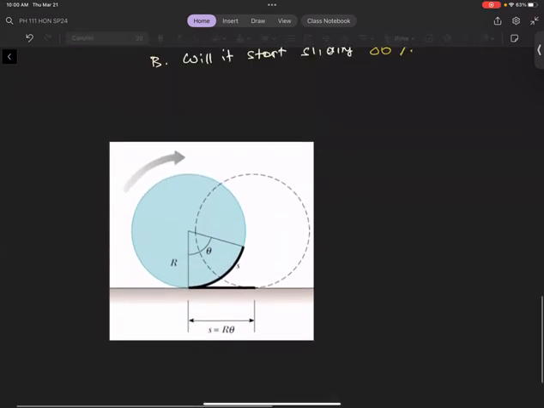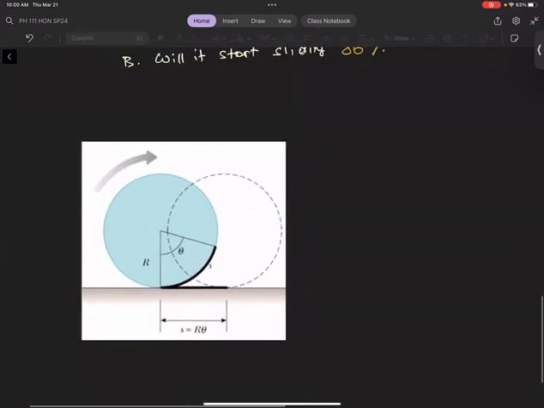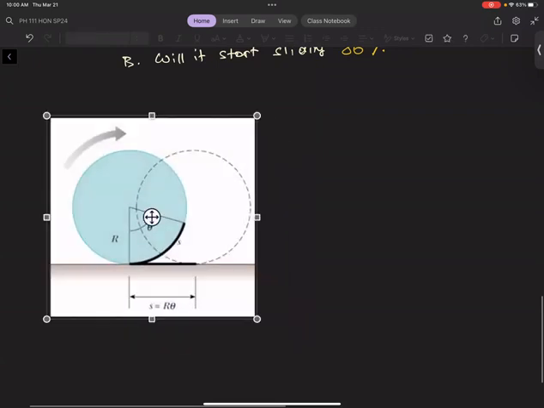So the definition of pure rolling is quite simple. For pure rolling, the center of mass of this object, say a disk, has to move by S in a linear sense, and this S must be equal to the total angle, the revolutions that the disk makes, times its radius.